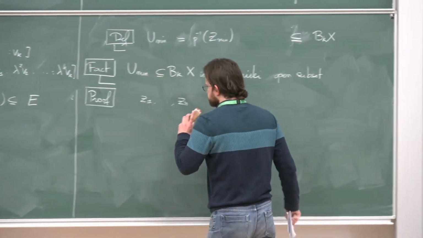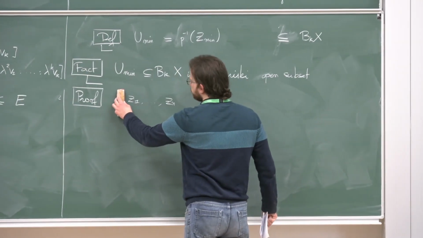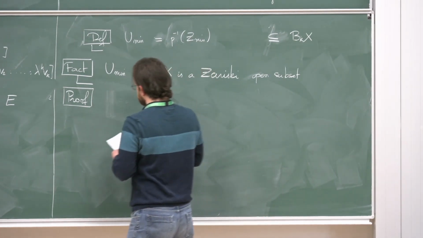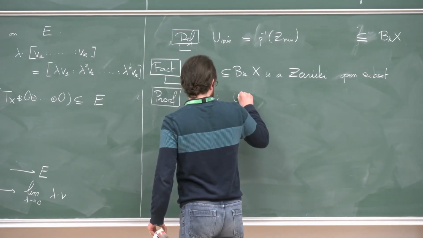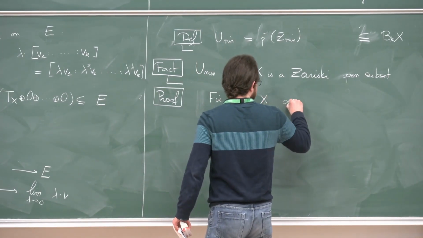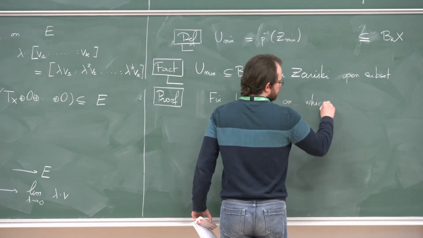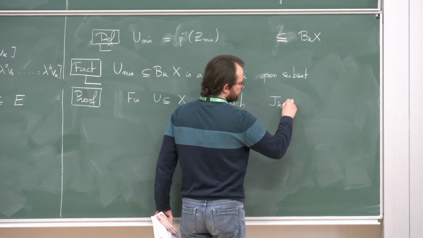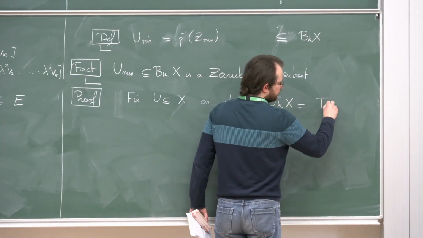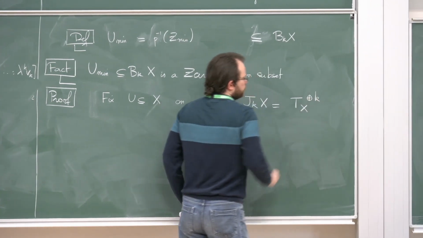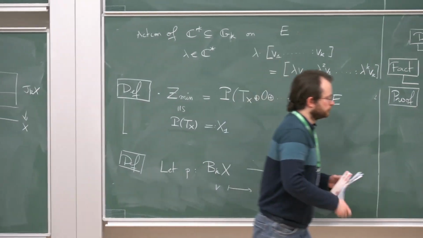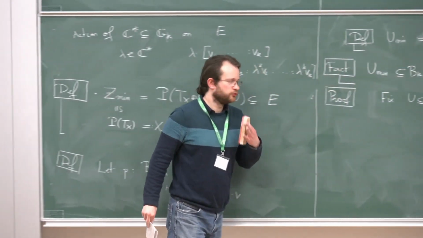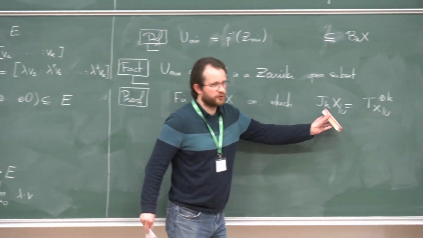Well, maybe I will not need coordinates explicitly on X, but just fix some small open subset inside X on which, after having fixed coordinates, you are able to identify JkX to the sum of the tangent bundle over it. So I've told you before that JkX is not a vector bundle on X.